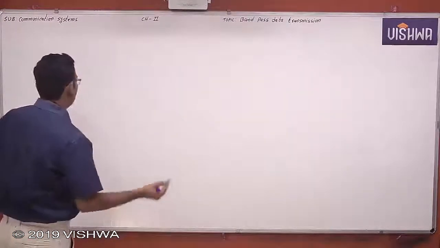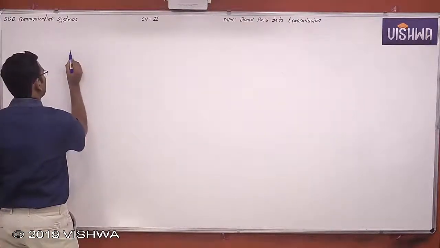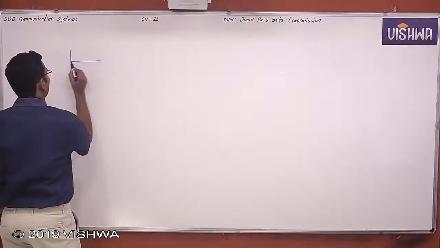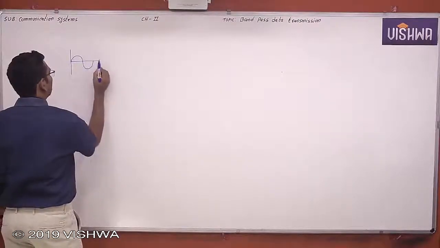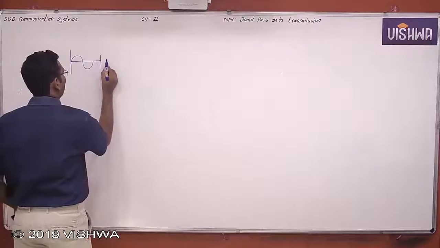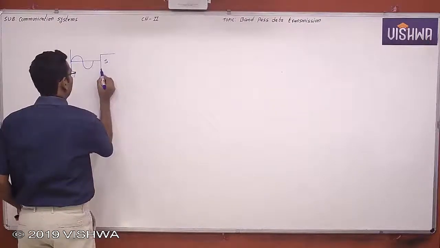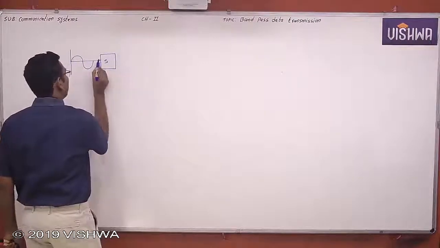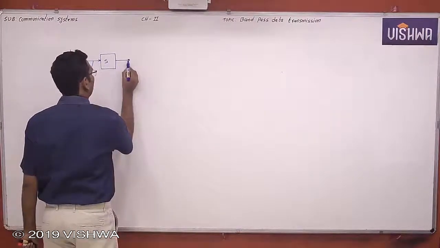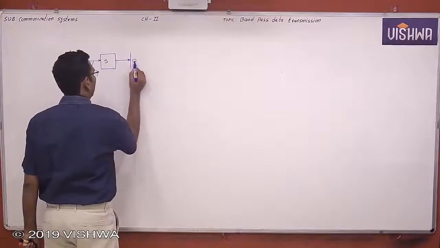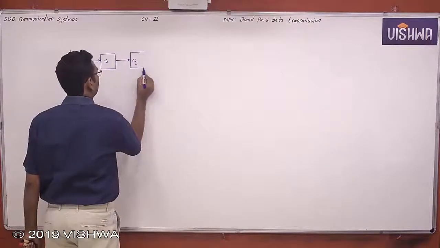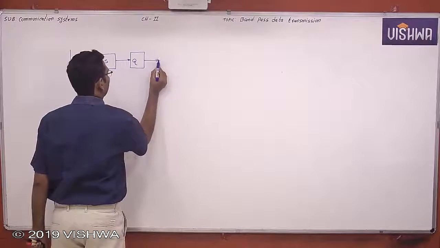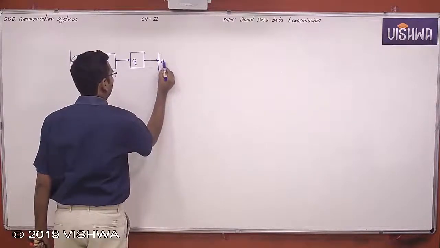So what is the procedure? This is the analog signal. Now this analog signal, first you are doing sampling, and next is quantization, and the next one is encoding.